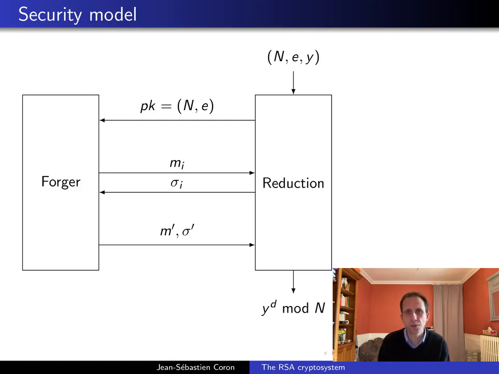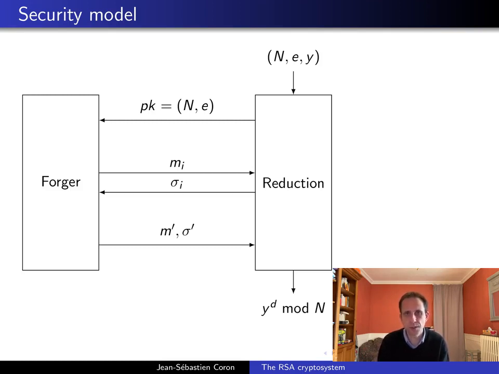The reduction cannot do it by itself because this is presumably a hard problem, but the reduction is going to use the forger to solve this hard problem. And if we assume that solving this problem is hard, this means that such a forger does not exist, and our signature scheme is secure.